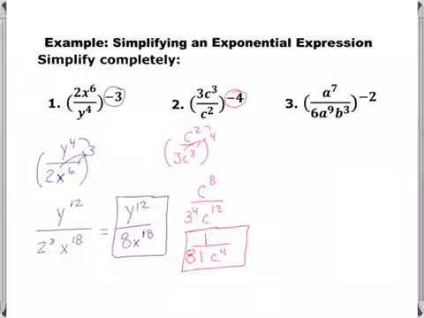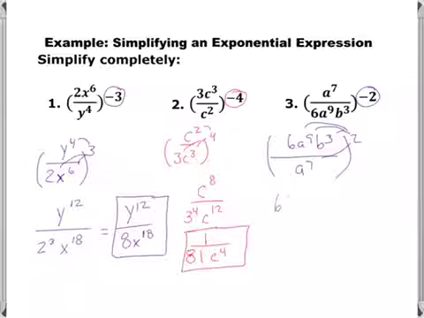Question 3, same idea, a to the 7th over 6a to the 9th, b to the 2nd, all raised to the negative 2nd power. Once again, get rid of the negative by flipping the entire fraction. So now we have a positive 2 outside, and now we're going to apply that to everything inside.